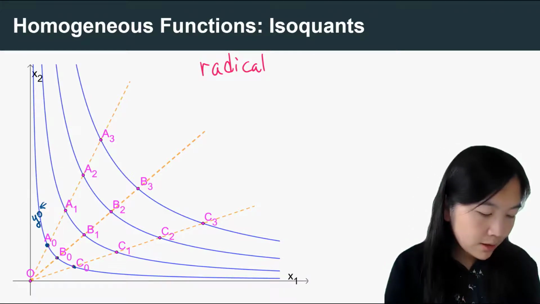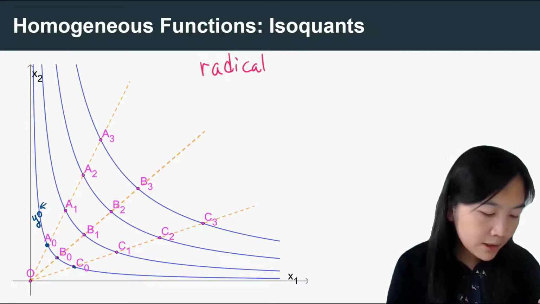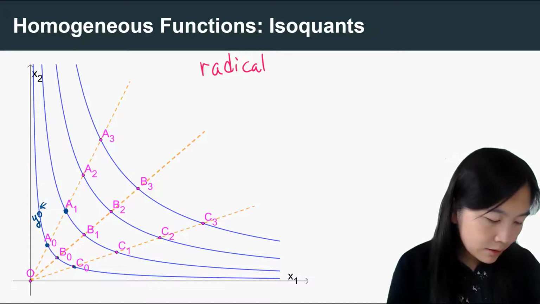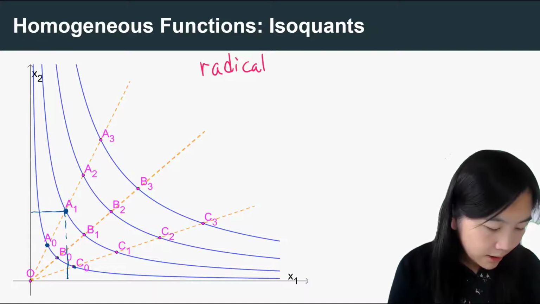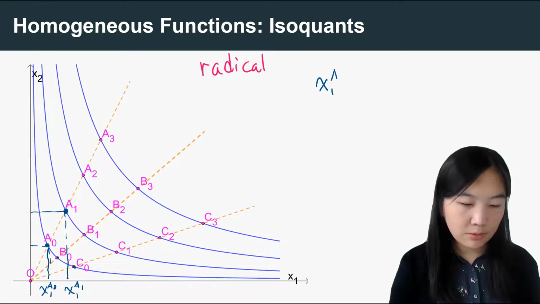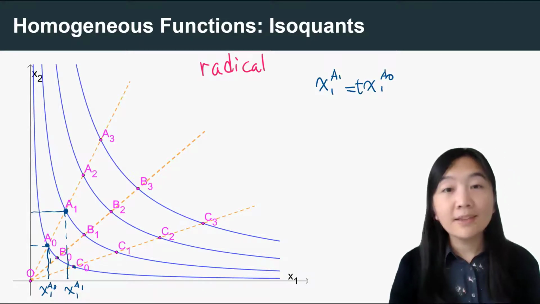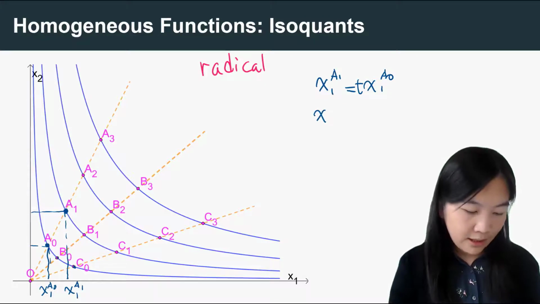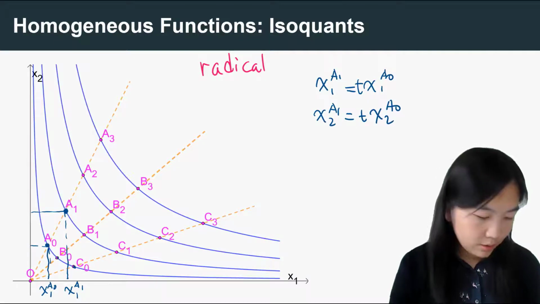At this point, if we increase the input use by t times, and assume here is a1, then x1 at a1 is equal to x1 at a0 times t. Then we also have the same relationship again: x2 at a1 equals t times x2 at a0.